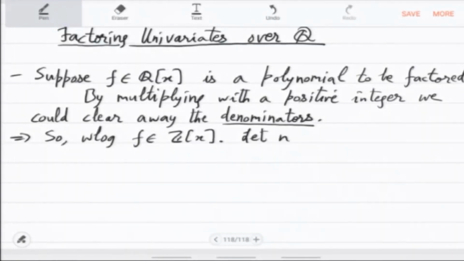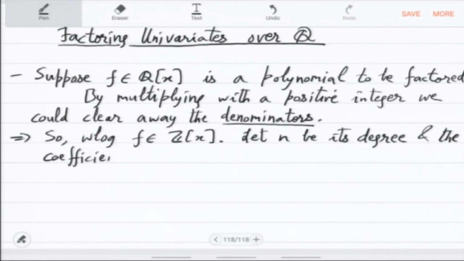Let n be its degree, and the coefficients a_i be of L bits.